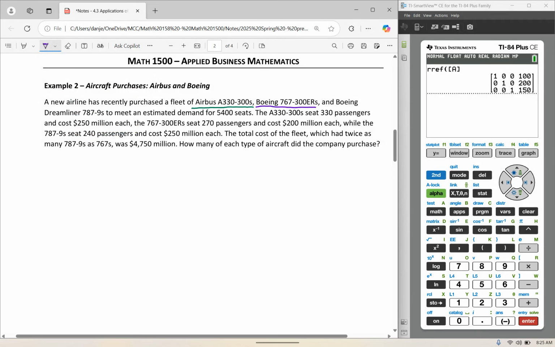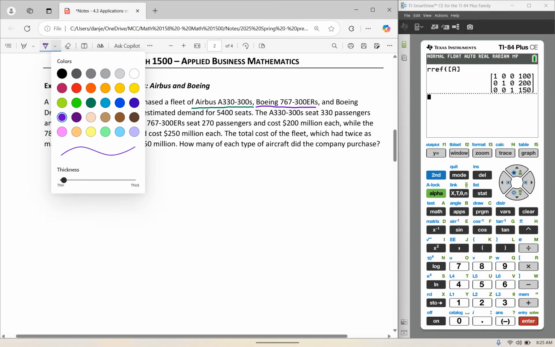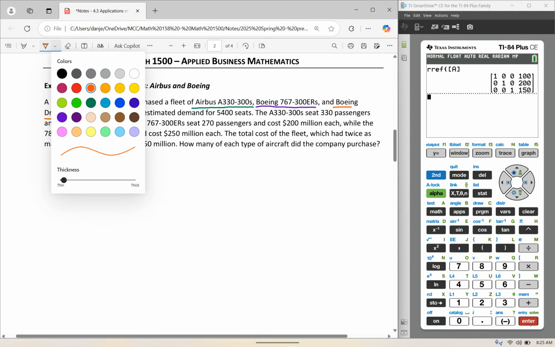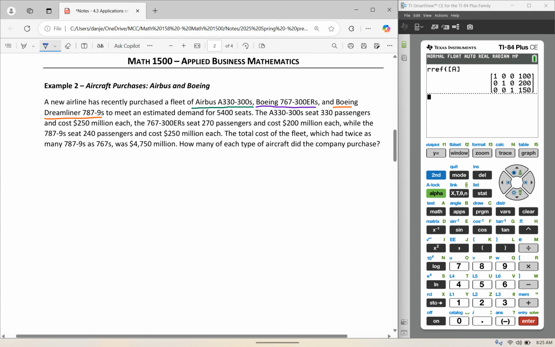Boeing 767-300ERs. And then another color, let's use orange, the Boeing Dreamliner 787-9. Okay, so I've got to label these carefully, and then as I go through the problem, make sure I keep things straight.